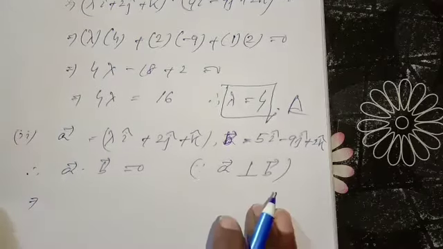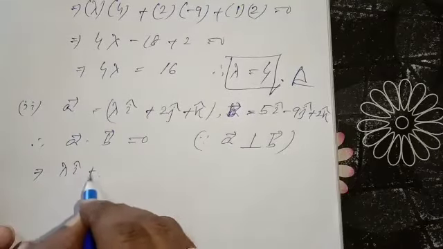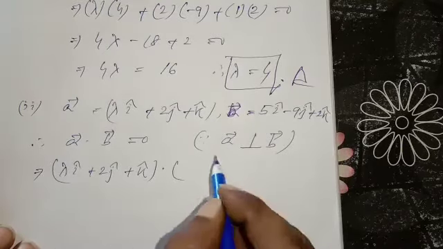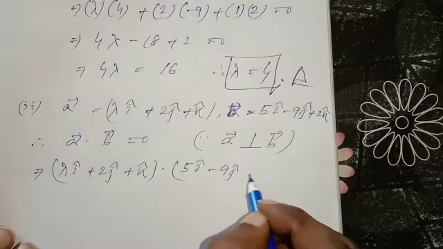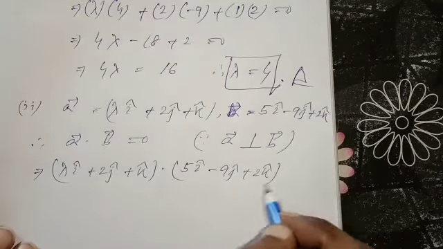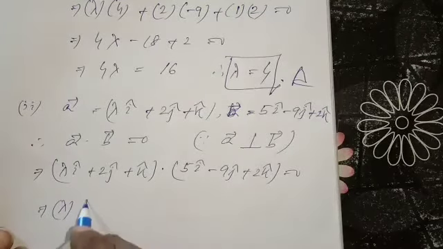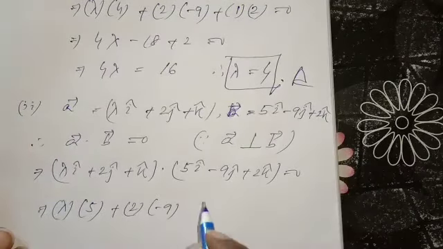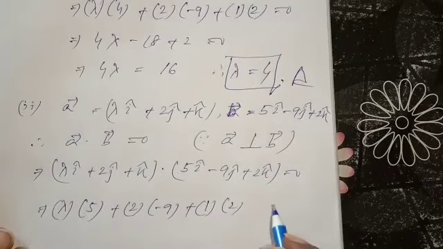Applying the formula, A dot B, put the value of A vector, that is λi + 2j + k, dot B vector, which is 5i − 9j + 2k, equal to 0. Coefficient of i is λ into 5, plus j coefficient 2, here the j coefficient is −9, plus k coefficient 1, here the k coefficient is 2, equal to 0.